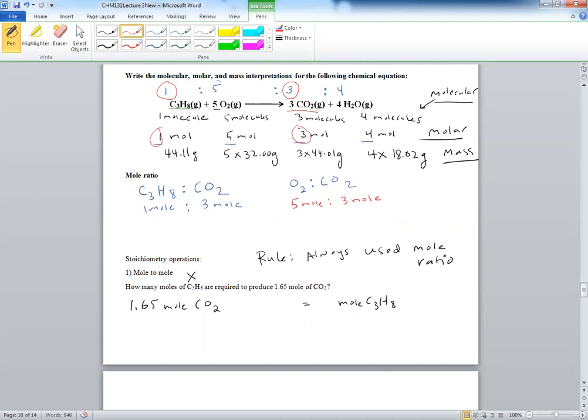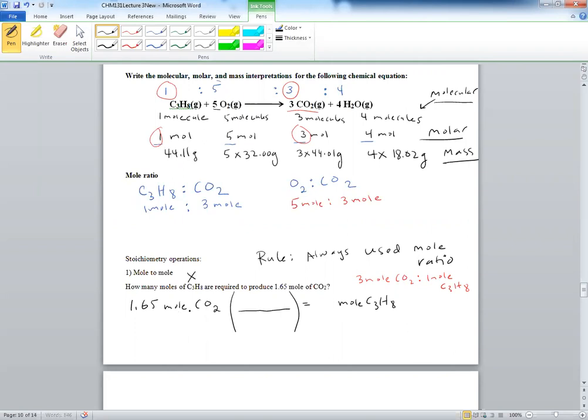So I'm going to write this down on the side here so you can see it: 3 moles of CO2 to 1 mole of C3H8. So that is your only conversion factor, and therefore I'm going to have to plug this in here.